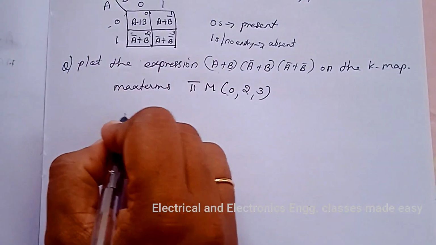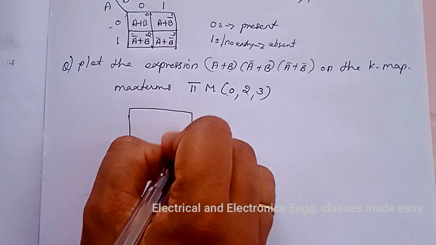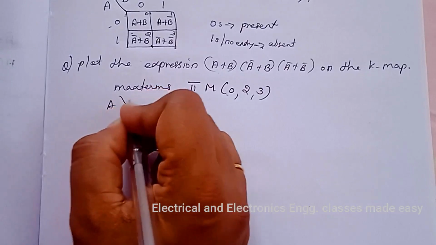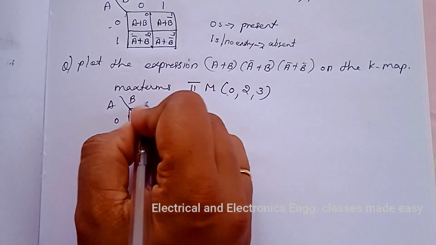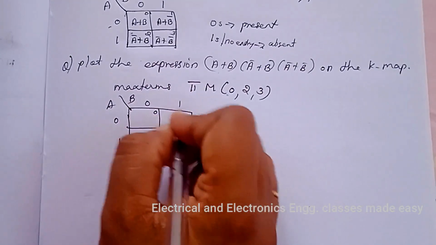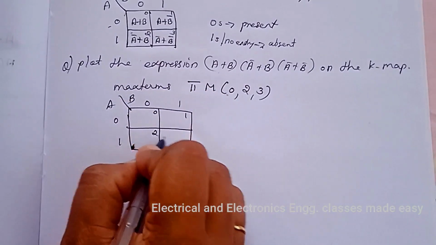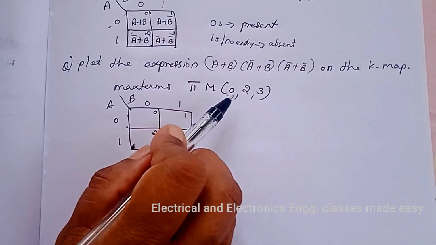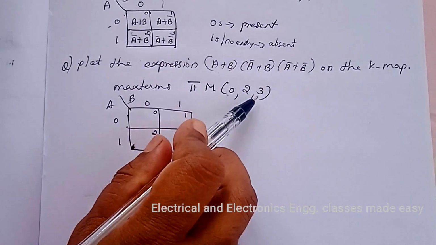And we can draw the Kmap, that is a b 0 1 0 1, 0 1 2 and 3. So the max terms present are 0 2 3.